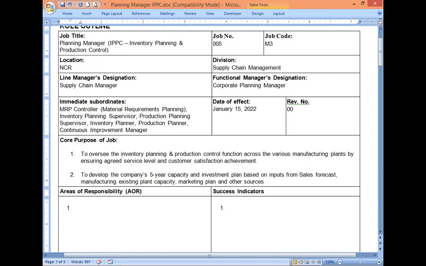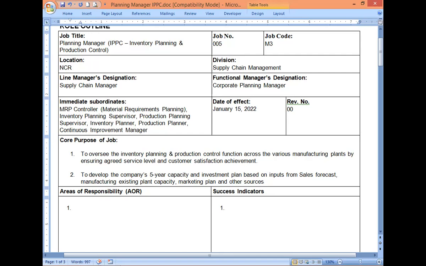But in other countries they call it product development. So from time to time the product development are also studying new products and putting some production trials. So that would also eat up some of your capacity in the plant. So that's why I put it in other sources.